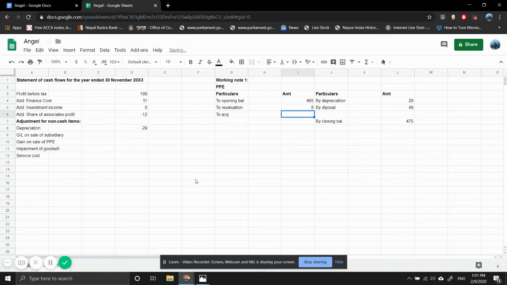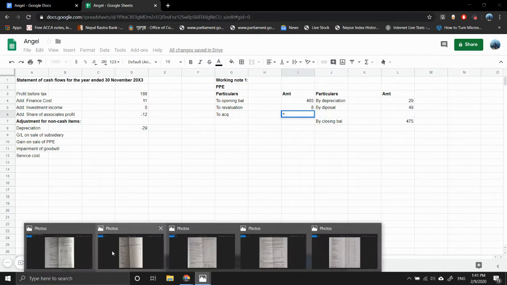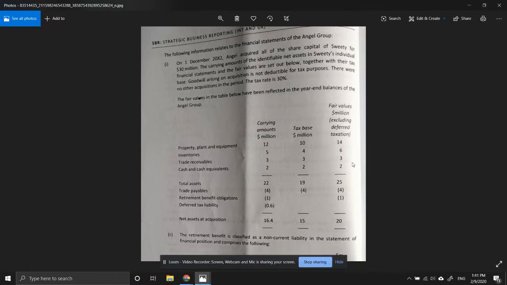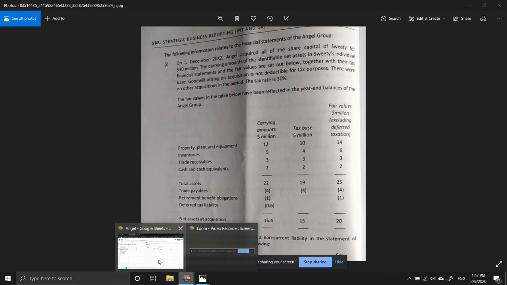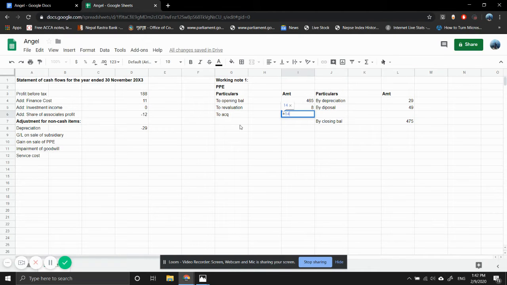And then after that, to acquisition. So acquired PPE was how much? 14, right? Because that will be our carrying amount. Anything else that we are missing? I don't think so, should be good.